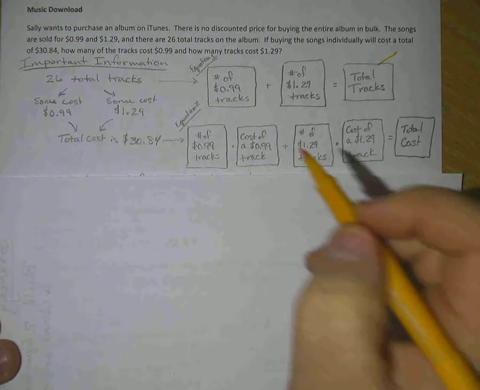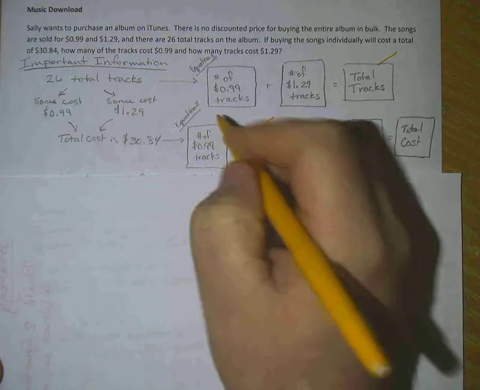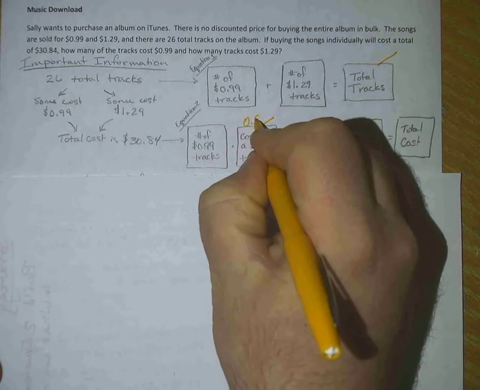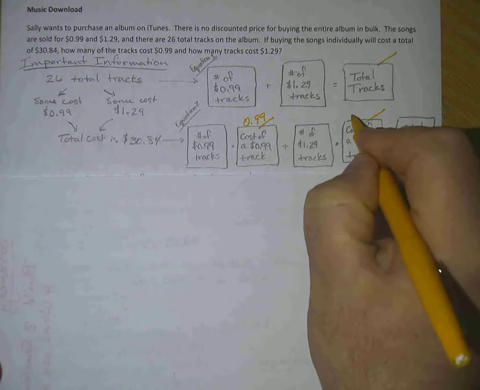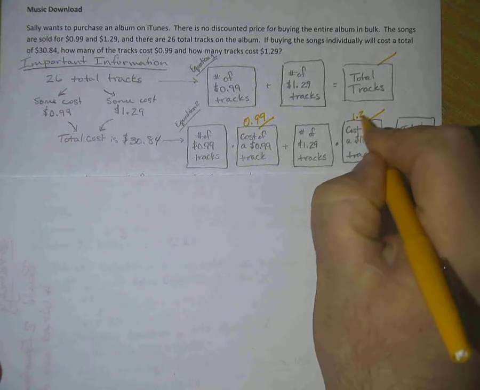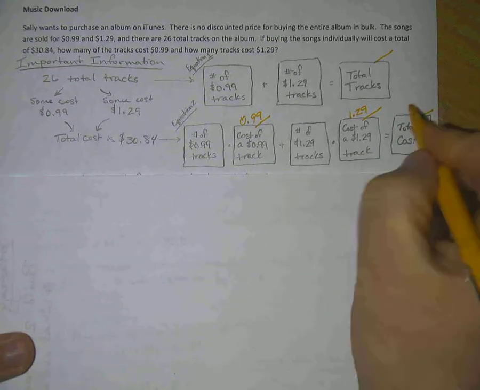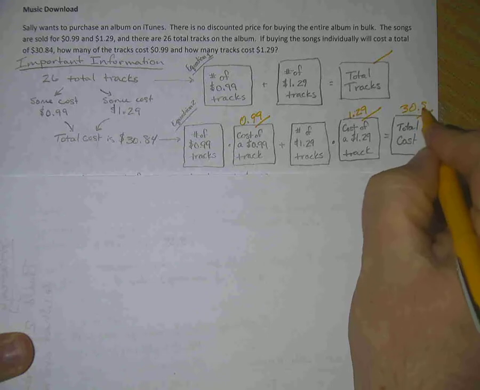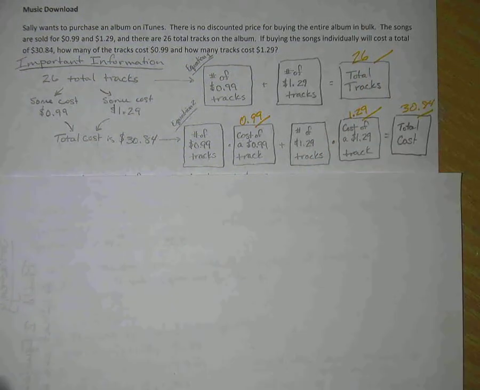I know the cost of a 99-cent track. How much does that cost? Well, 99 cents. I know the cost of a $1.29 track. That's $1.29. And I know the total cost, and that's $30.84. The total number of tracks is 26.